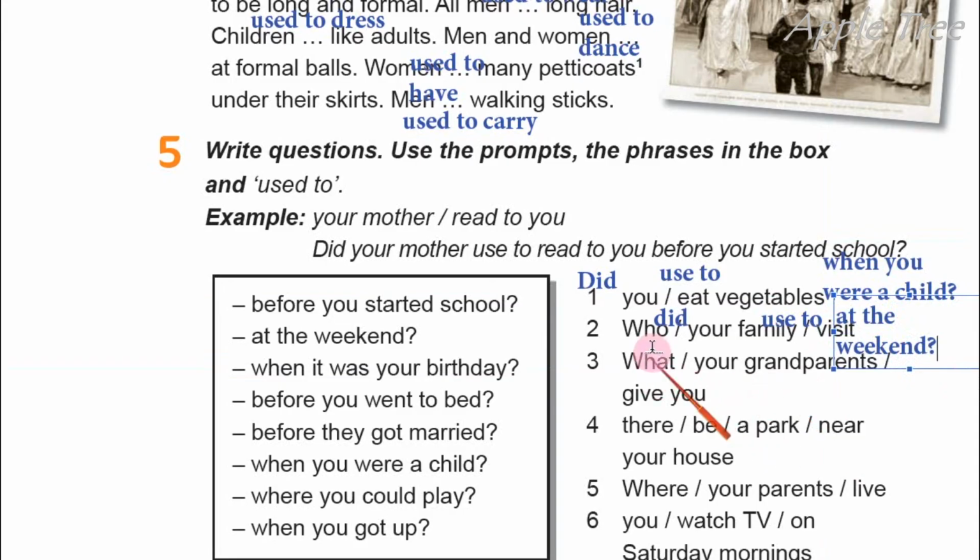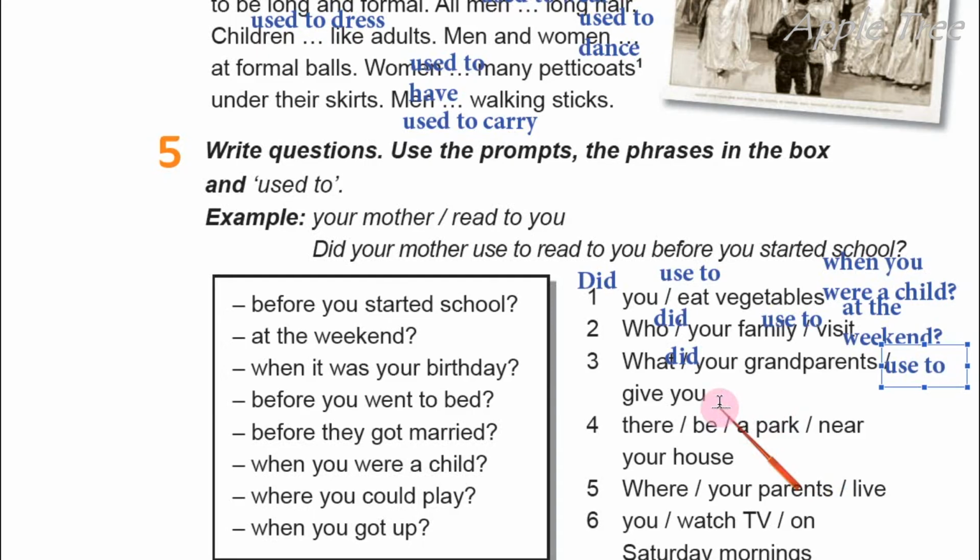Так, далі. What did your grandparents use to give you, щоб дідусі і бабуся дарували тобі?